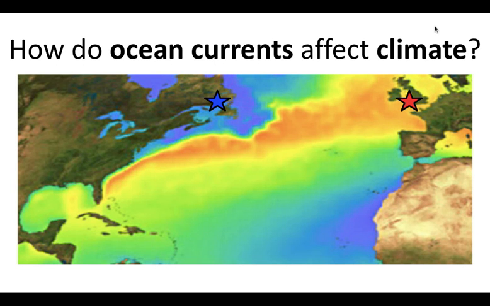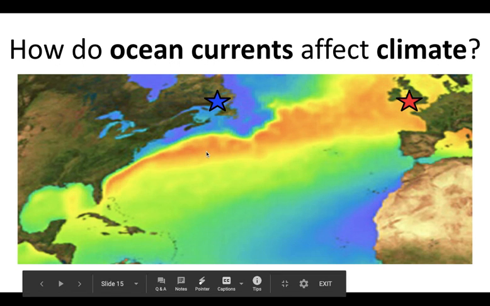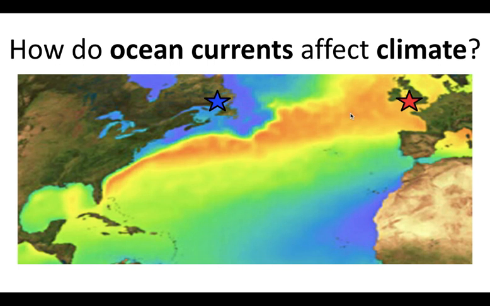Cornwall, England tends to have a much warmer climate. Here is Cornwall, the red star. This is where it's found. And here's Newfoundland in Canada, both of them at 50 degrees north latitude. But that Gulf Stream, because of the warm ocean currents being brought across the Atlantic to England and Cornwall, causes the climate of Cornwall to be much more mild and a lot warmer.